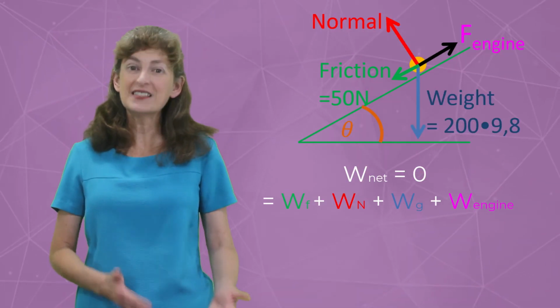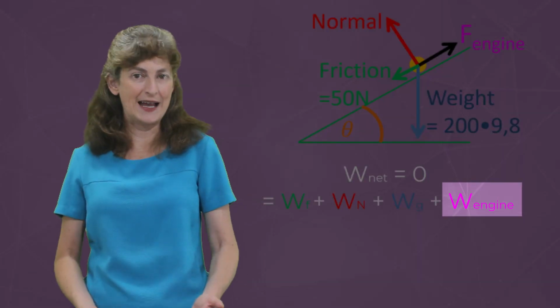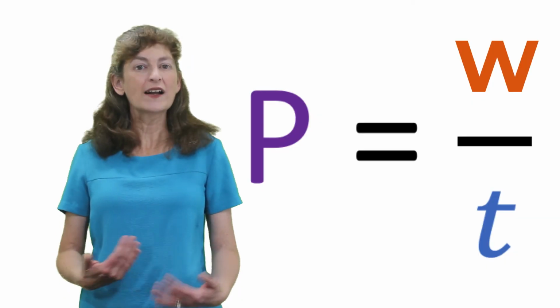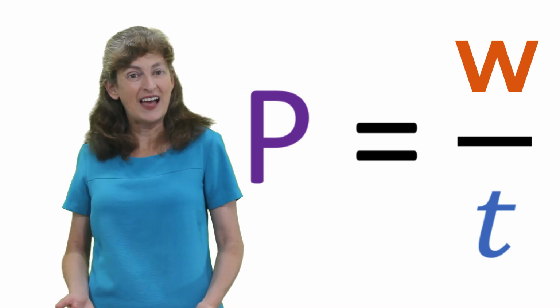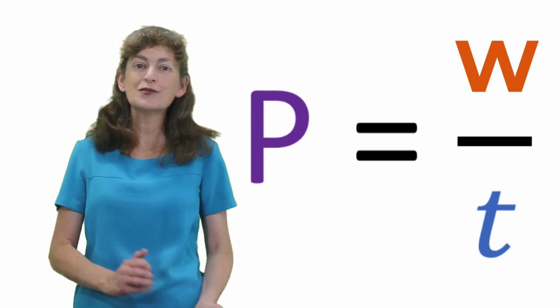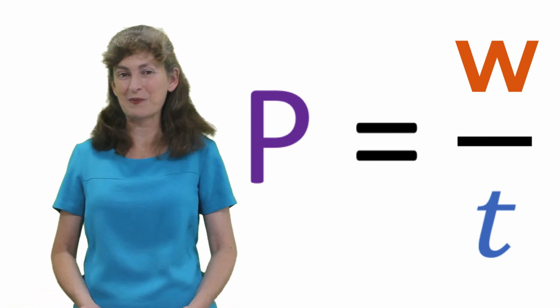So we can use that equation to calculate this one unknown. Once we know the work done by the force of the engine, we divide that by the time taken to do that work. And we have the answer, the power delivered by the engine.